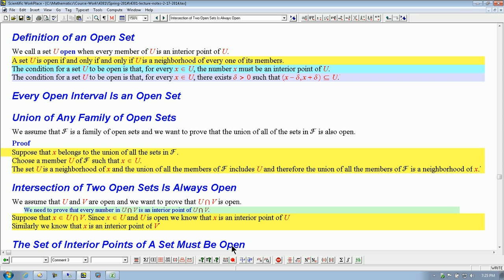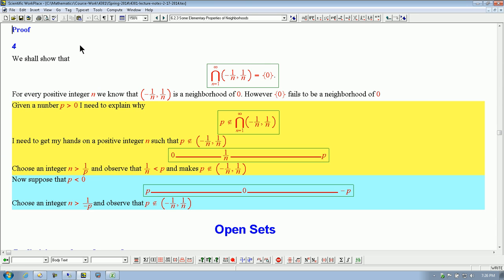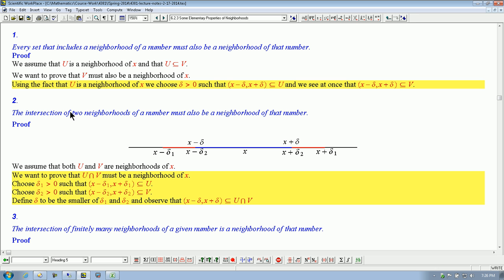Say x belongs to V and V is open, so x is an interior point of V. Now look above. Therefore, x is an interior point of U intersection V, because we did it over here. The intersection of two neighborhoods of a number must always be a neighborhood of that number.